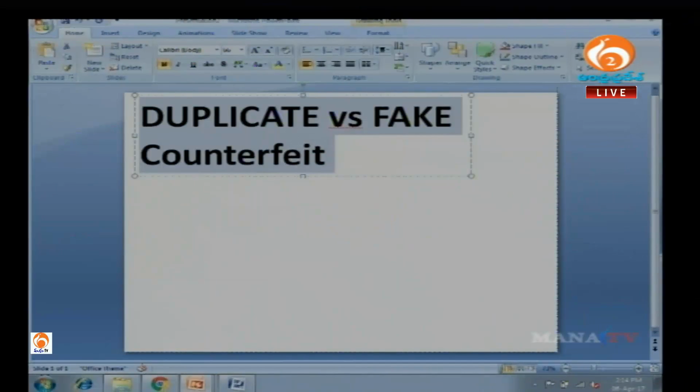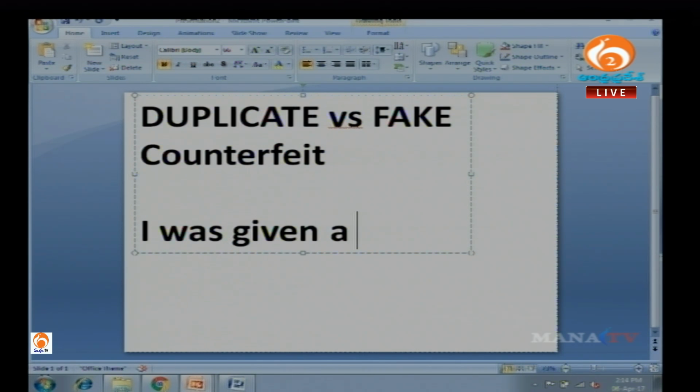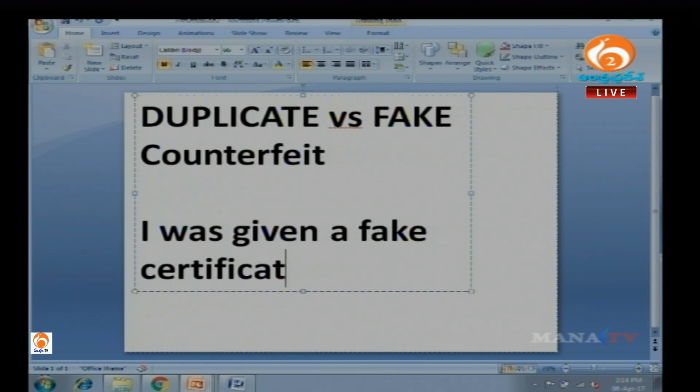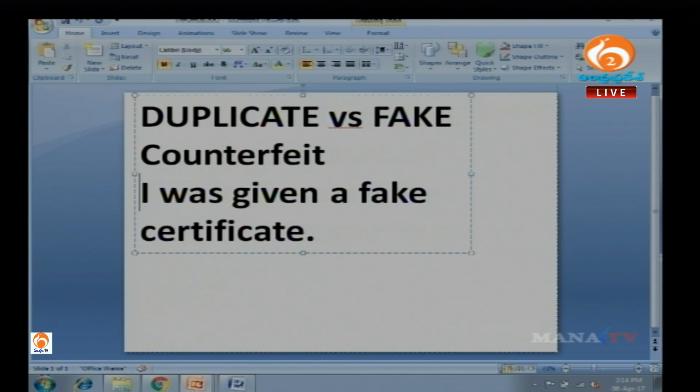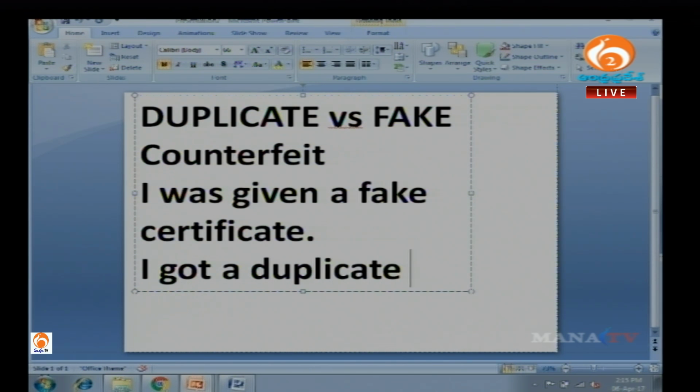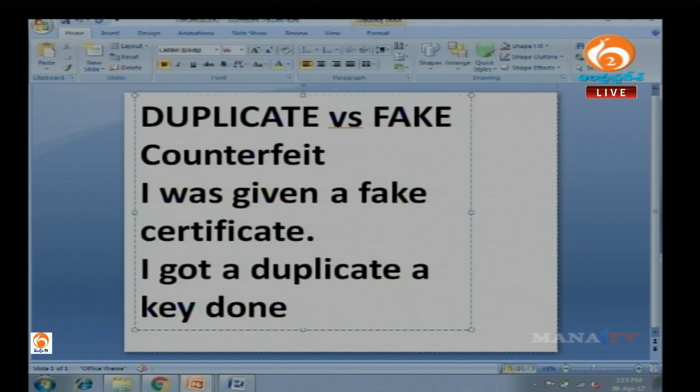If I have a document, for example, let me quickly type. In this case, this particular sentence is fine. I was given a fake certificate. I got a duplicate key done.